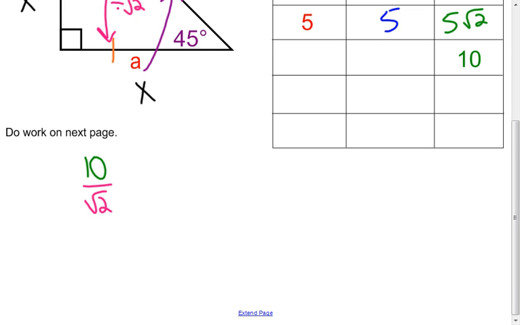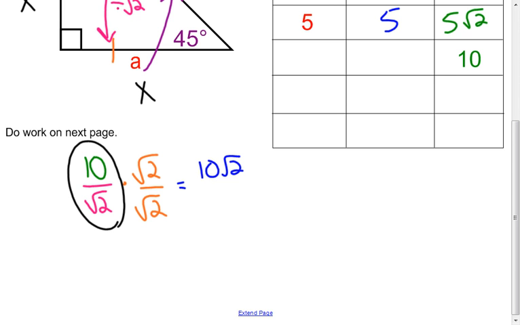However, we don't want to leave our answer looking like that, so I'm going to simplify it. I'm going to multiply by a form of 1. My form of 1 is going to be root 2 over root 2. Notice everything that's in orange there is equal to 1. So it's going to keep that value because I'm multiplying by 1. I'm just going to figure out what it actually equals. 10 times root 2 is 10 root 2.